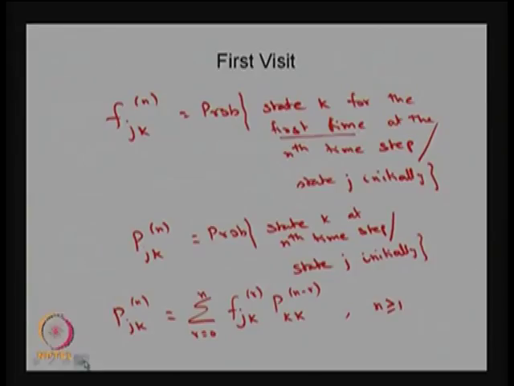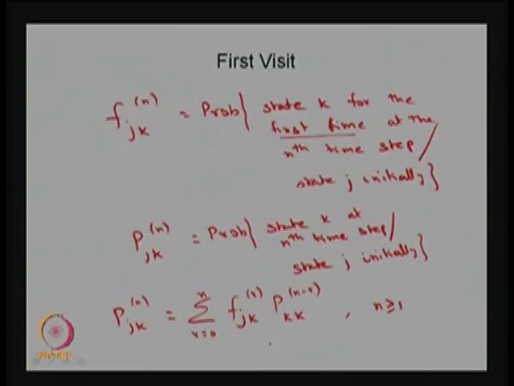Obviously, we can make out that p k k of 0 steps is going to be 1, and similarly f suffix j k of 0 steps is also 0, and f j k of 1 step is nothing but p j k.